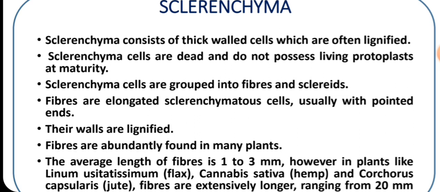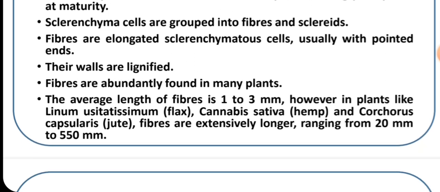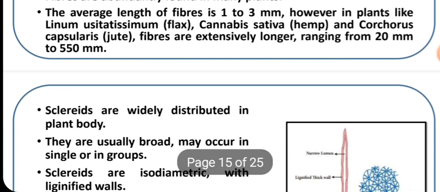The average length of fibers is 1 to 3 millimeters. However, in plants like Linum usitatissimum, that is flax, Cannabis sativa, hemp, and Corchorus capsularis, that is jute, these fibers are extensively longer. They range from 20 millimeters to 550 millimeters. I told you that Boehmeria, otherwise called ramie fiber, is the longest fiber, which is 55 centimeters in length.